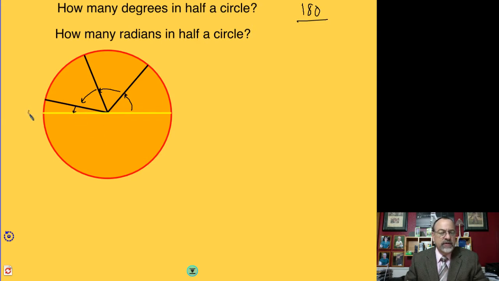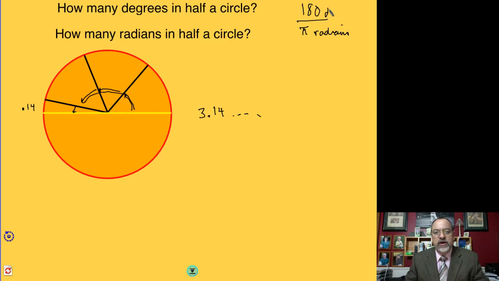That plus a little bit more ends up being about 0.14 and so on. So what number do you know that is 3.14 and keeps going on forever? Well, that's pi. So actually, in half a circle, 180 degrees, there are pi radians.